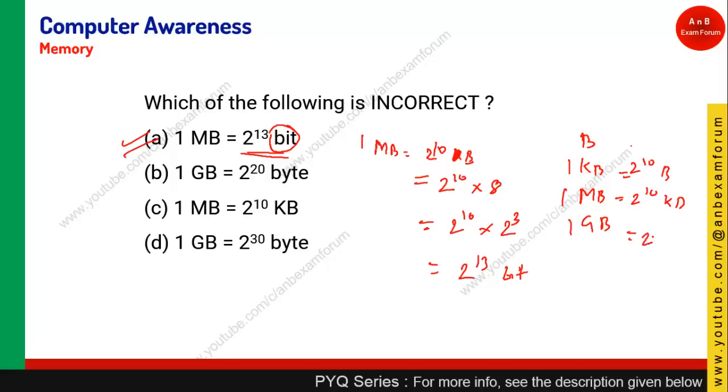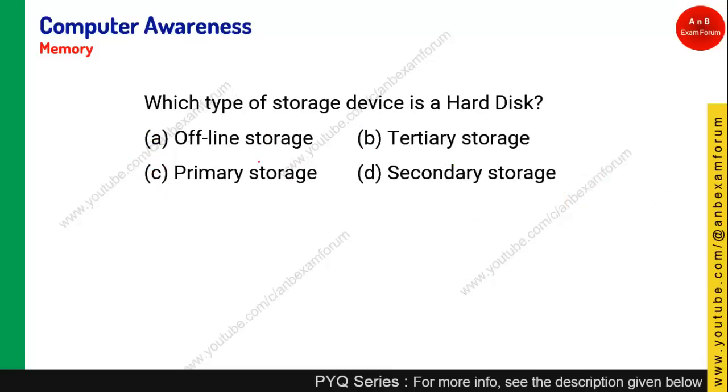And 2 power 10 MB become 1 GB. So if you multiply all this, you get 2 power 30 bytes. Okay, and here it is 2 power 20, so this is incorrect. It should be 2 power 30. Let's see the answer. Yes, it's option B. Option B is the right answer.